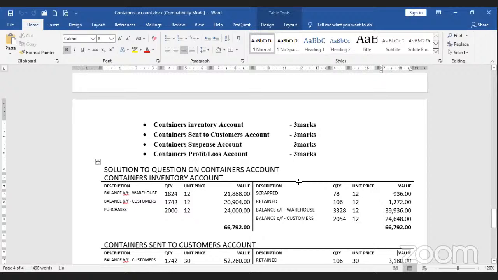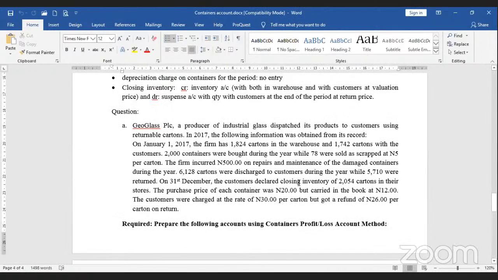The information provided is something that I have to be very careful with, and I'm going to ask in my own genuine way. We are told that 78 were sold as scrapped, not that they were damaged. So you account for that. Then when there's now repairs, you also get that. So can we move to the other line? Oh yeah, go on, please.